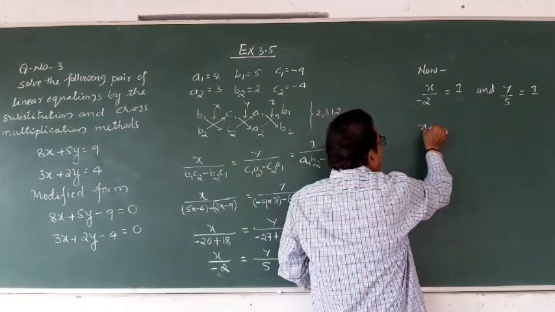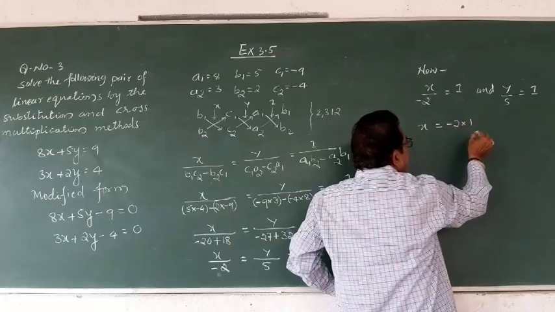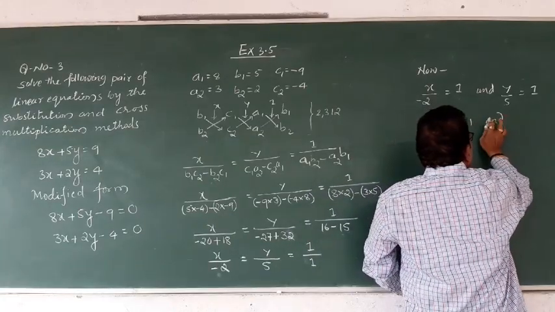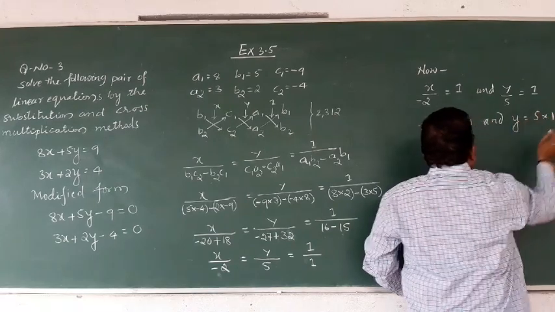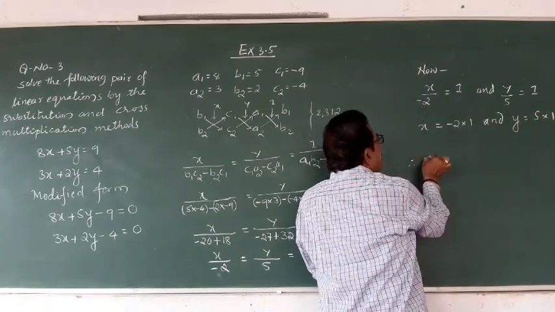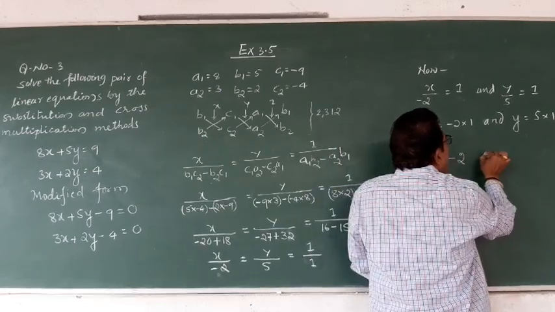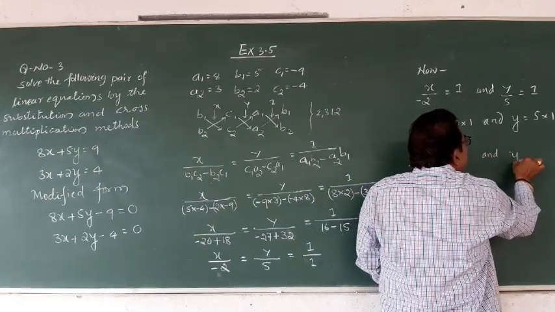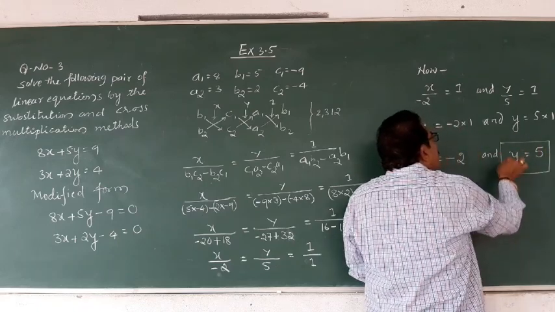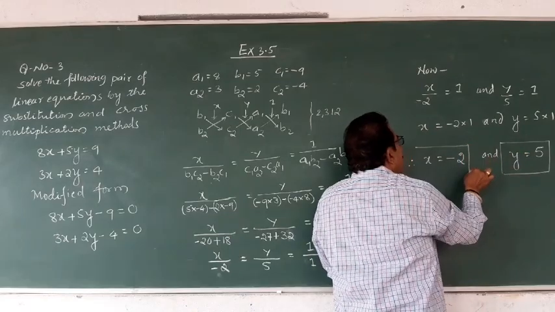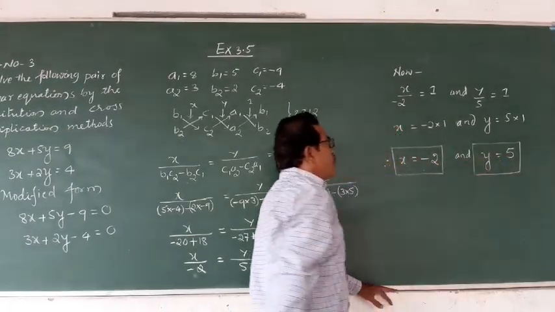So by cross multiplication, X equals minus 2 into 1 and Y equals 5 into 1. Therefore X equals minus 2 and Y equals 5.